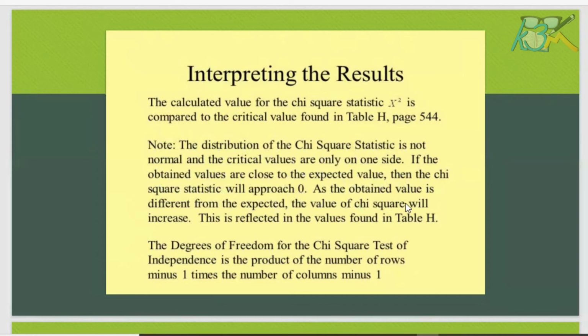As the obtained value differs from the expected, the value of chi-square will increase. This is reflected in the values found in the table. The degrees of freedom for the chi-square test of independence is the number of rows minus 1 times the number of columns minus 1.